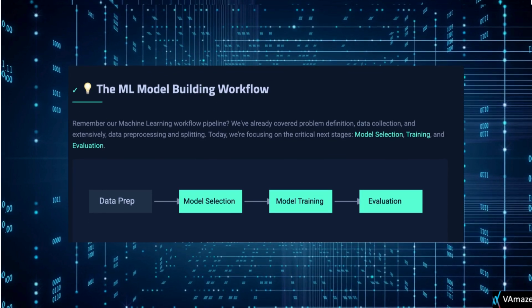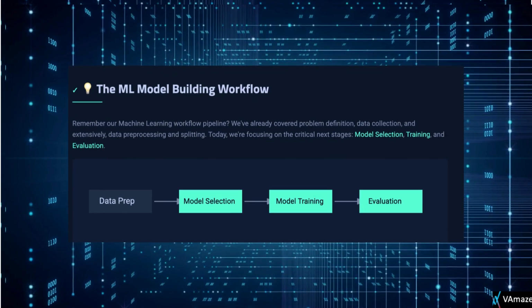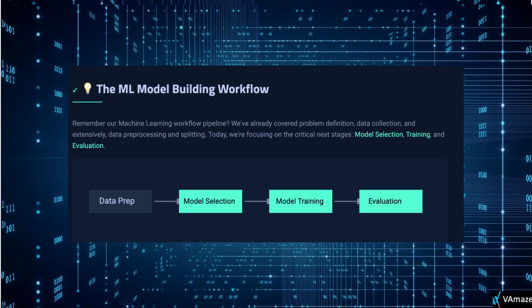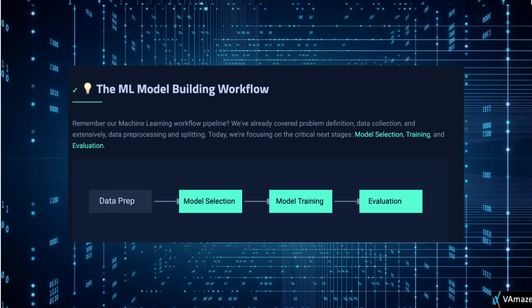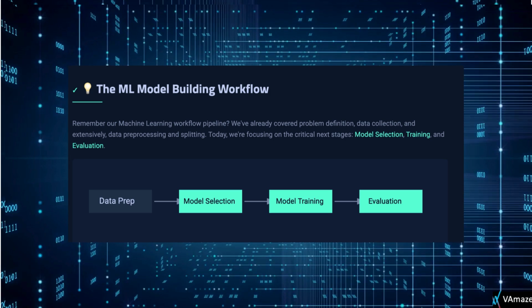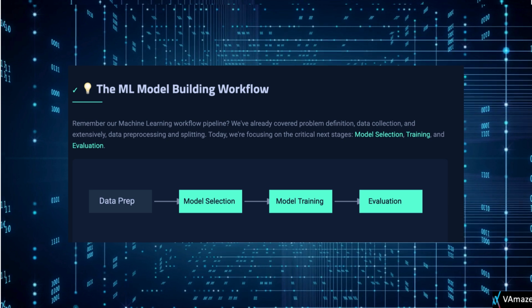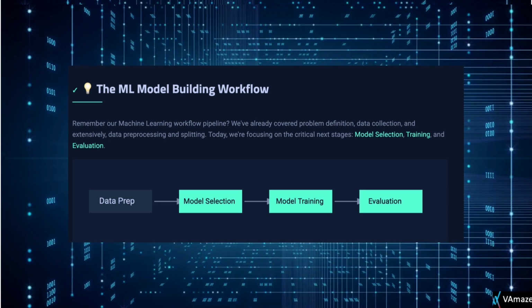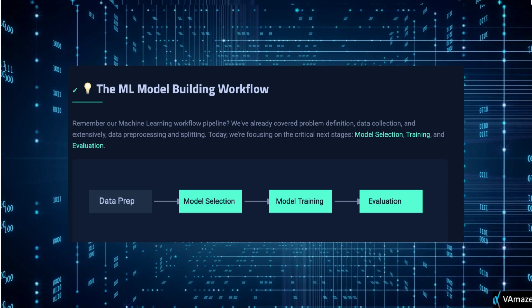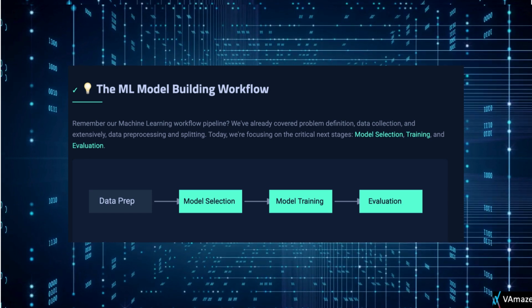Segment 1. The ML Model Building Workflow, a recap and overview. Remember our machine learning workflow pipeline? We've already covered problem definition, data collection, and extensively, data pre-processing and splitting. Today, we're focusing on the critical next stages: model selection, training, and evaluation.